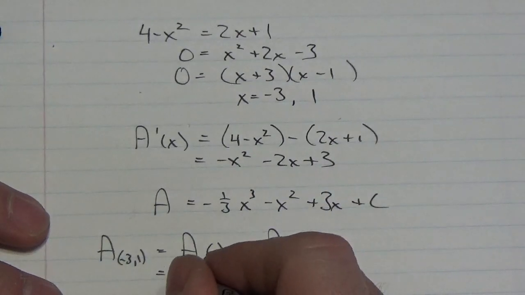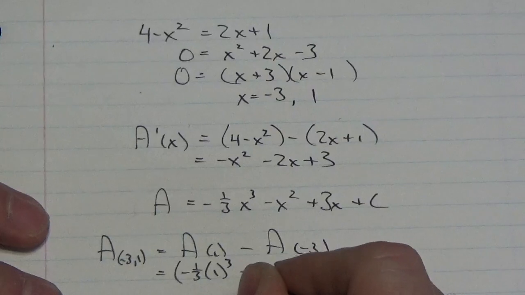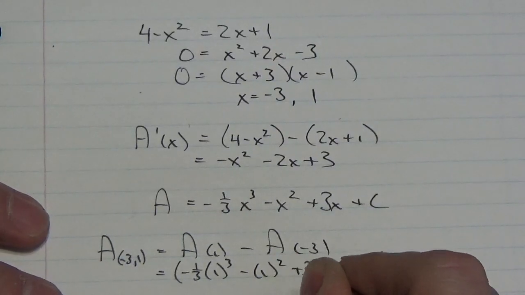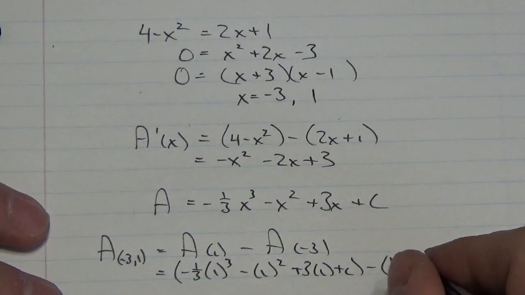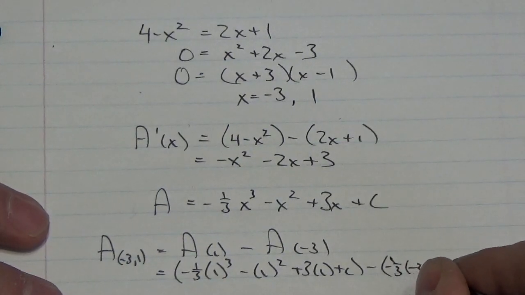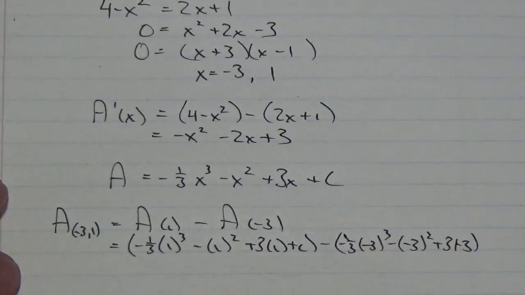And so that is going to be negative 1/3 1 cubed minus 1 squared plus 3 times 1 plus c, minus negative 1/3 negative 3 cubed minus negative 3 squared plus 3 times negative 3. Are we off the screen? Yep. Whoops, and I forgot the plus c.